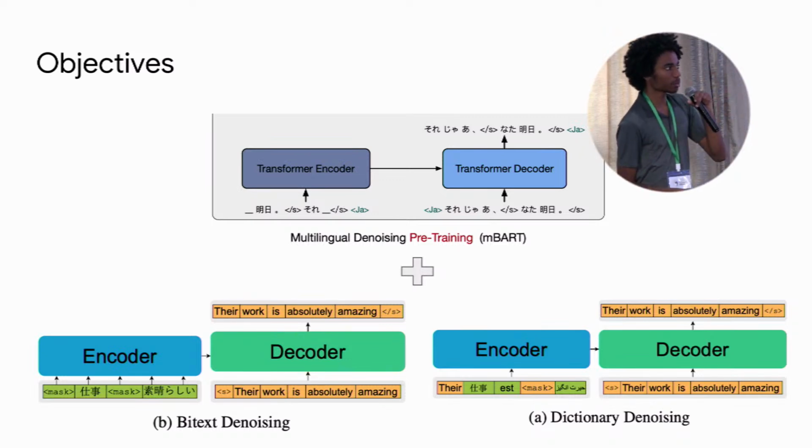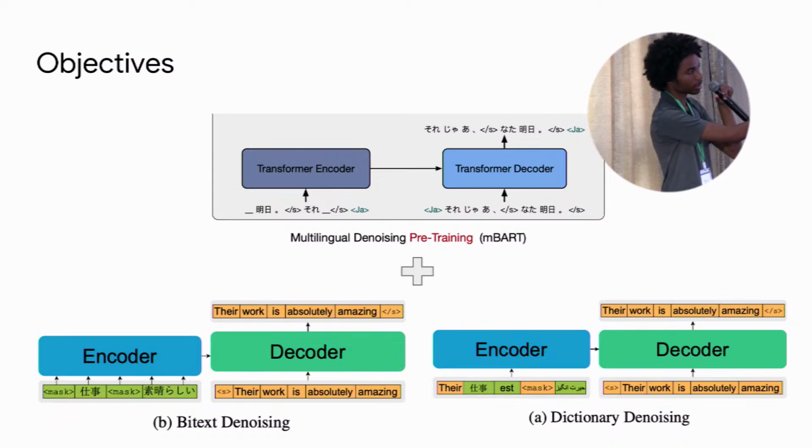As for intuition for why this works, if we have this sentence, "their work is absolutely amazing," we have three ways of corrupting it. One of them is using this bitext denoising objective, the other is the dictionary denoising, and the other is the monolingual denoising, where we put some masks in this sentence and then get to decode the full sentence at the end. And you can see here the decoder has the same job.